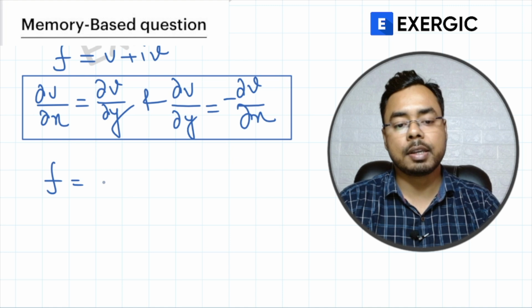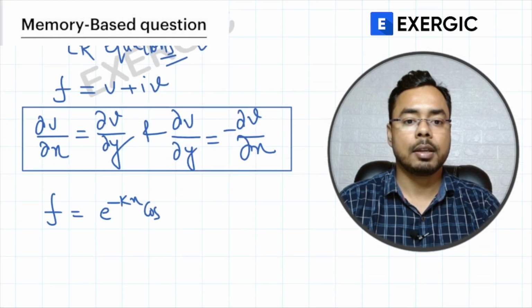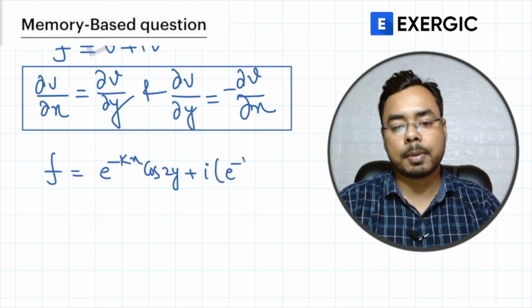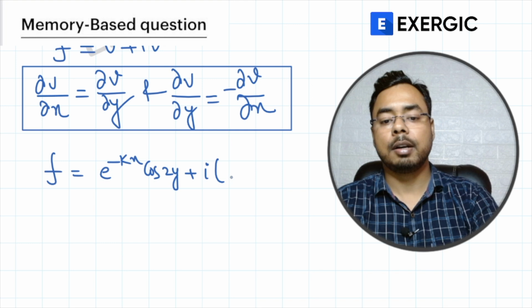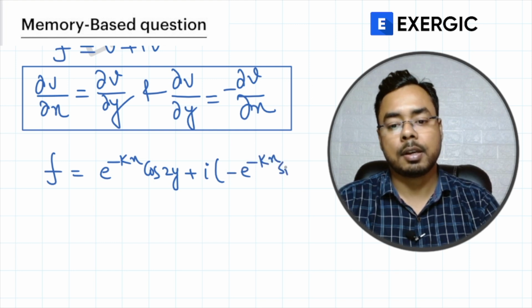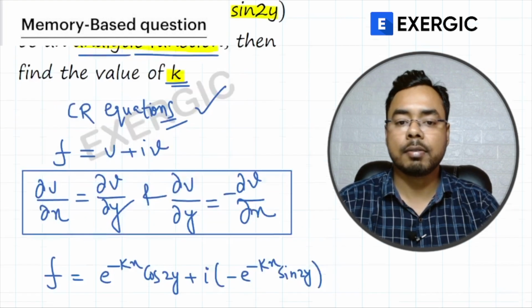So here it is given that f is e to the power minus kx into cosine 2y, plus iota times, there is a minus sign in between, so you will get minus e to the power minus kx into sine 2y, right? So this is the complex function that we have.